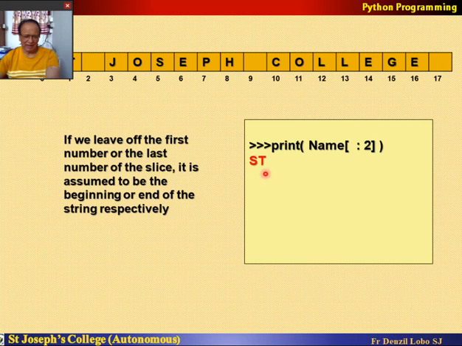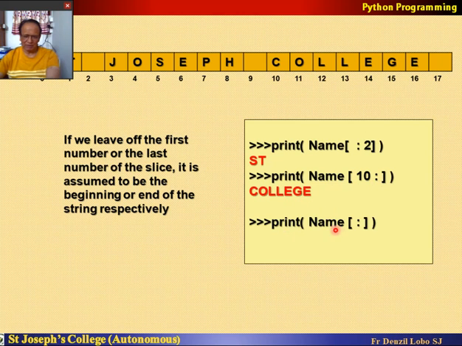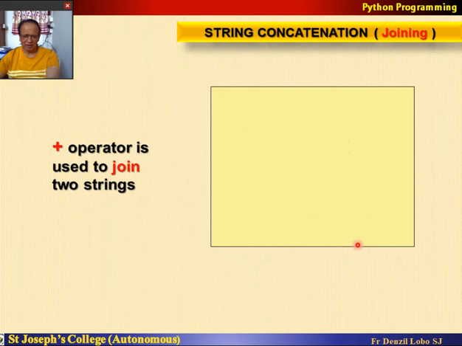It is going to print S and T. Next, print 10 colon and beyond, therefore it starts with 10 and will go on printing whatever is there beyond. So it is going to print college. Let us see what happens here. Name, just colon is there, so it is going to print the whole string, St. Joseph's College, up to here.